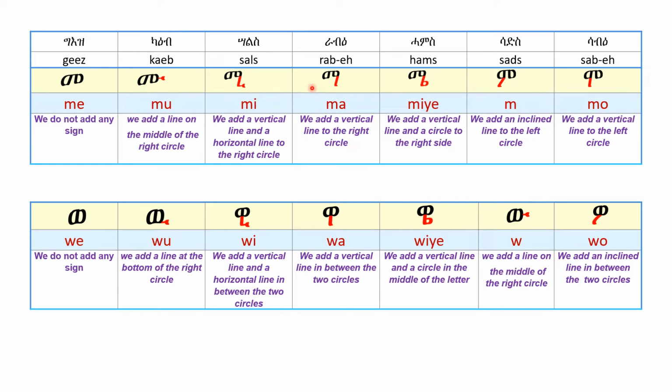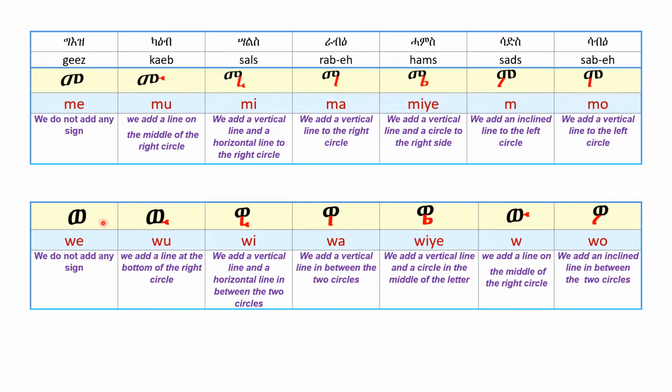We add a vertical line to the right circle. Mie, we add a vertical line and a circle to the right side. Me, we add an inclined line to the left circle. Mo, we add a vertical line to the left circle.